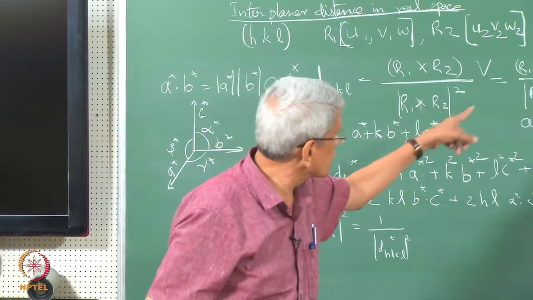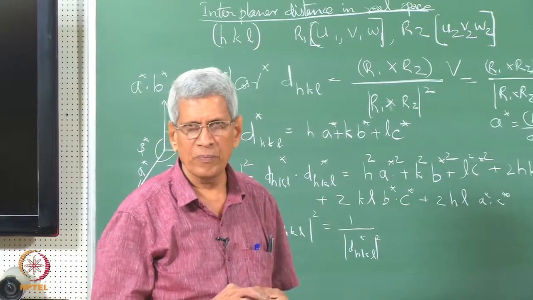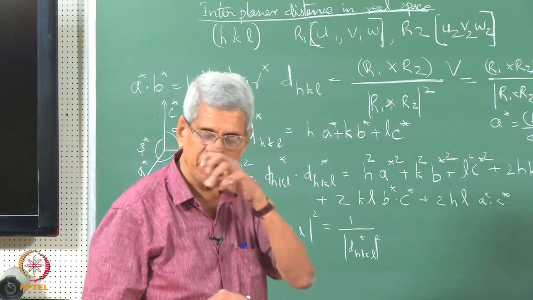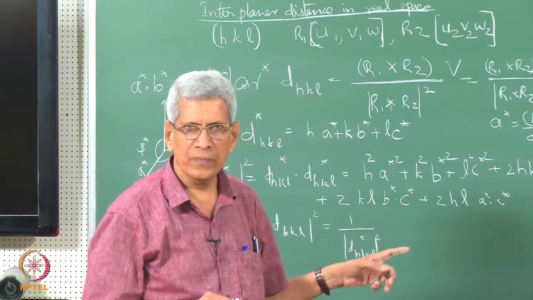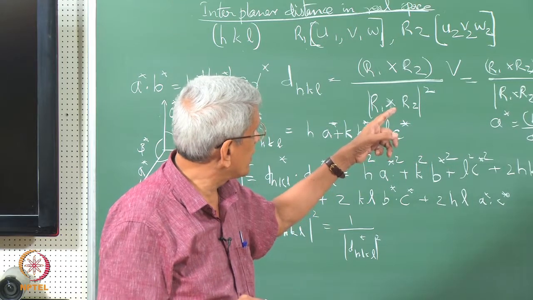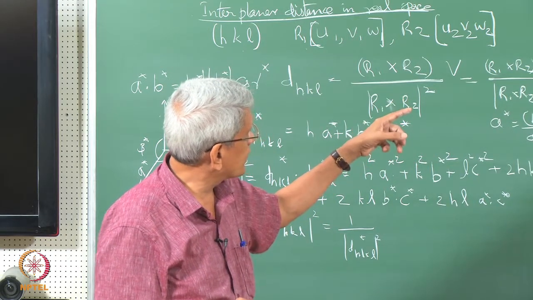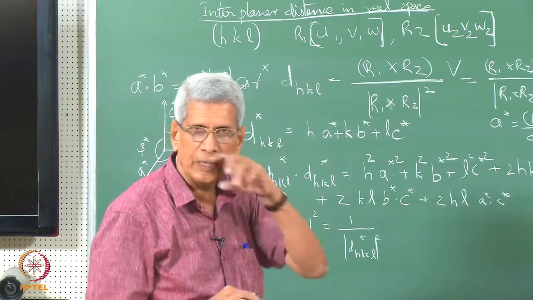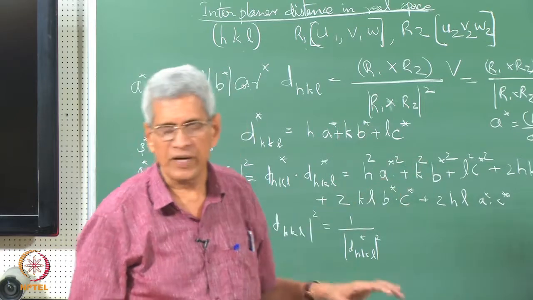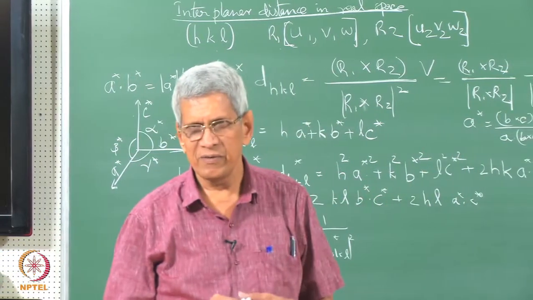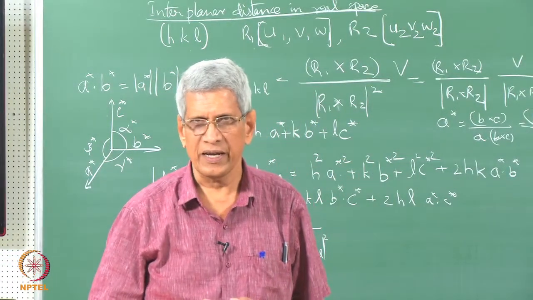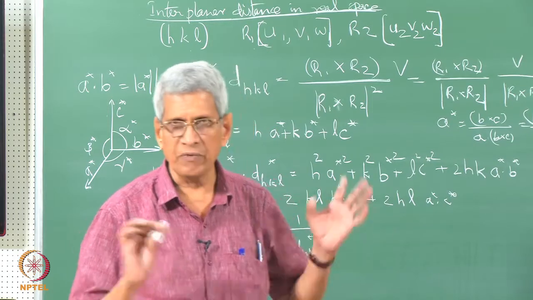Similarly, what is going to be the general formula for the volume in terms of the lattice parameters A, B, C of the general unit cell which we have considered, and the angles between these various lattice parameters, the translation vectors in different directions?